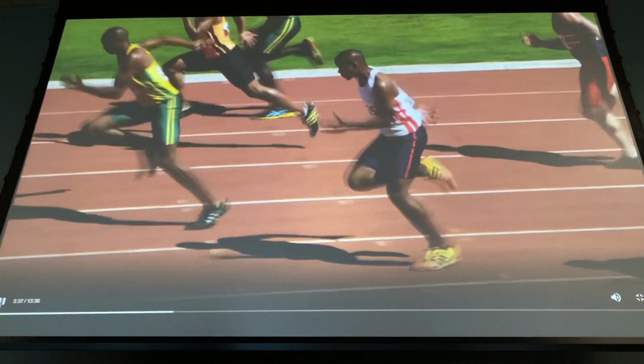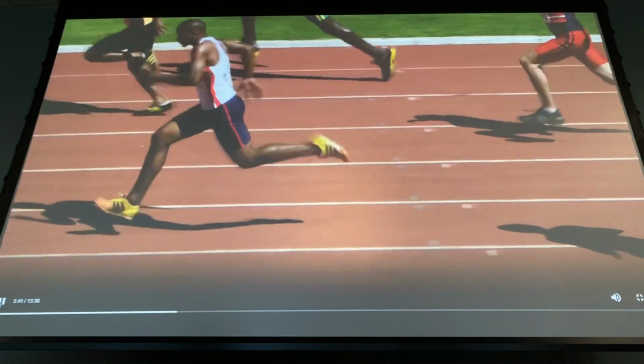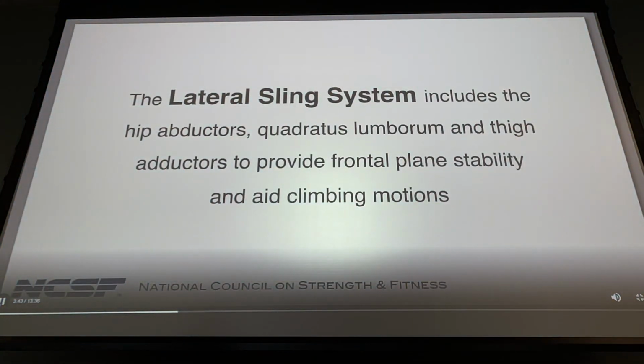It links multiple joint segments to enable efficient sprinting mechanics. And finally, the lateral system includes the hip abductors, quadratus lumborum, and thigh adductors to provide frontal plane stability and aid climbing motions. Where's that quadratus lumborum?